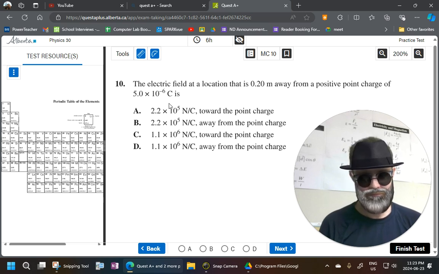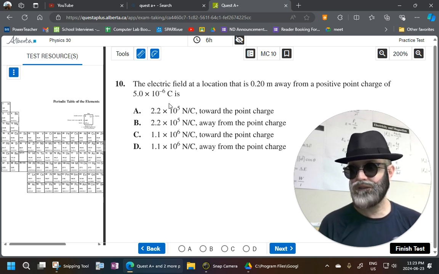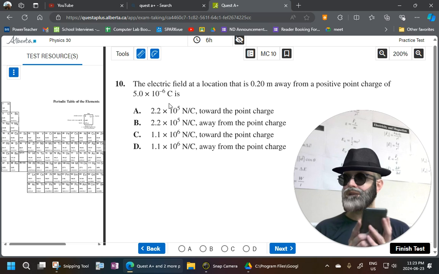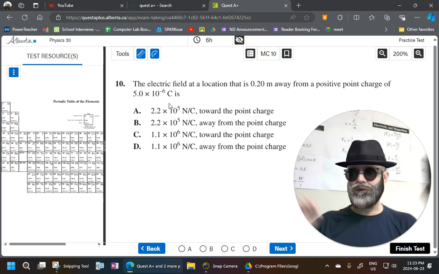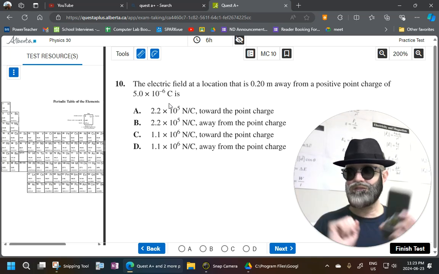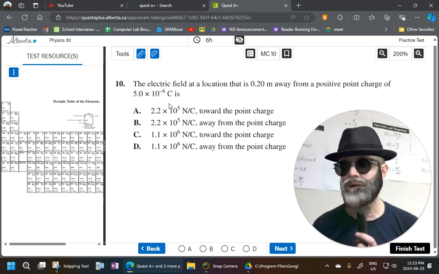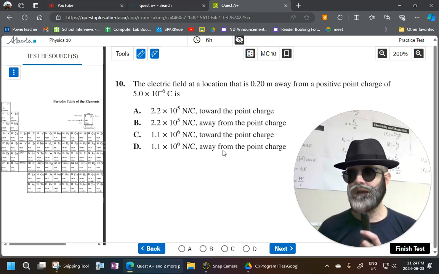KQ over R squared. Okay, so I know it has to be C or D. But because it is a positive charge, remember the definition of positive? It's out from the positive, right? Out of the positive, because that's the direction a positive charge would go. So away from the point charge. Cool.